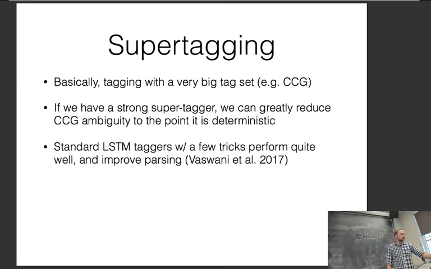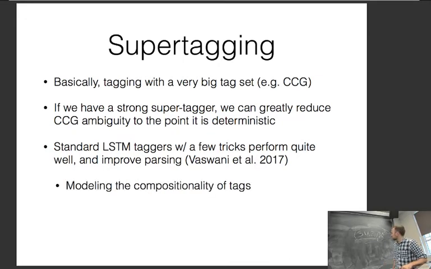So in terms of methods to solve this, standard LSTM taggers with a few tricks perform very well and improve parsing. One of the things they do is model the compositionality of the tags. So we have 1,000 different tags, and because of that, we don't want to model each one of them separately, because we won't be able to get the long tail of tags well.